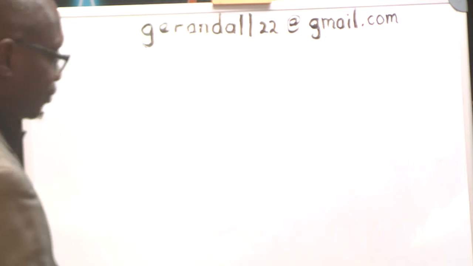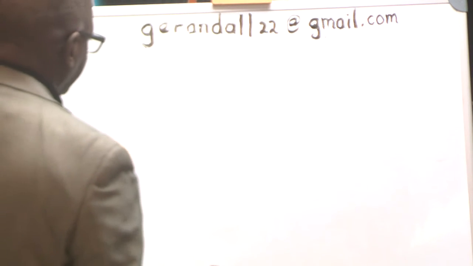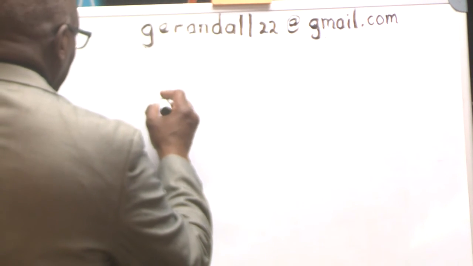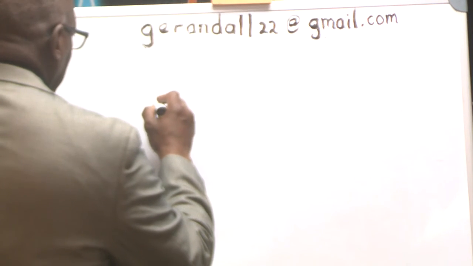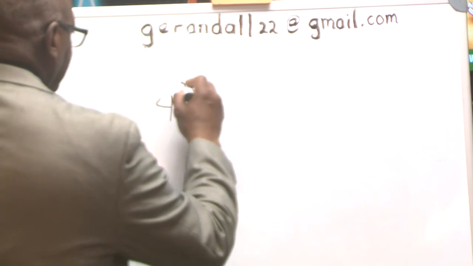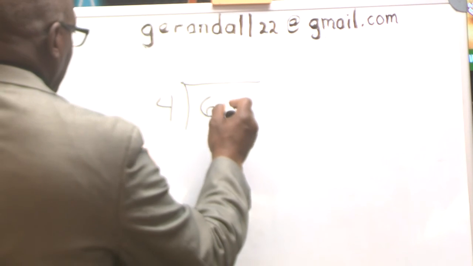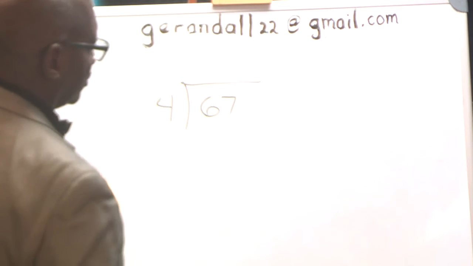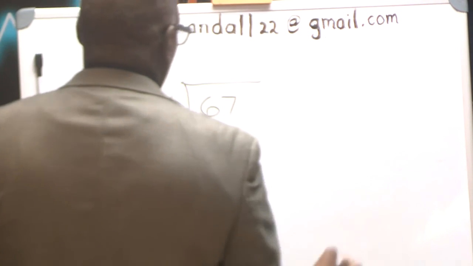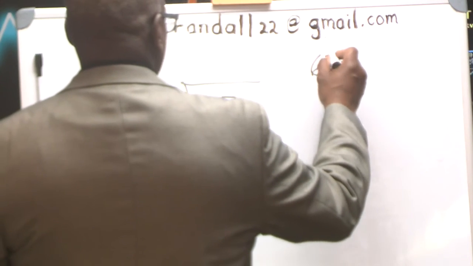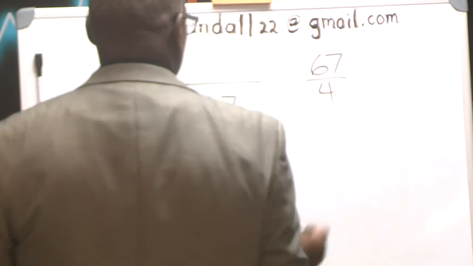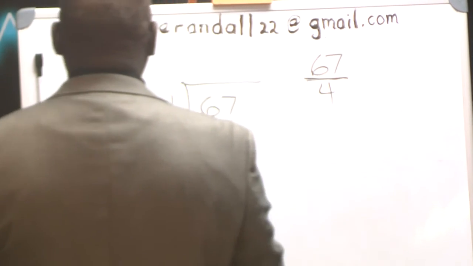Do one more. And again, we'll keep the divisor a single digit for now. 4 into 67. And again, it could be written 67 with a line. That line means divided.